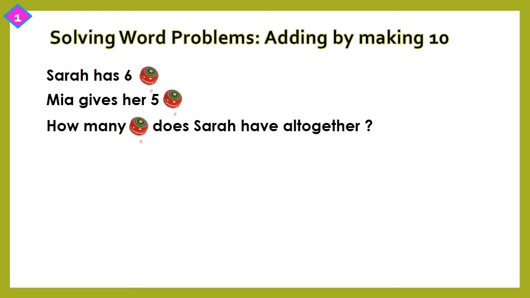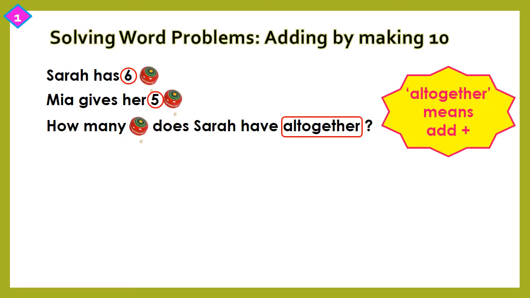In this word problem, we can see 6 and 5. The next thing we have to look at is the important word that tells us to add. In this word problem, we can see the word altogether. Altogether means add. So, in this word problem, we have to add 6 plus 5.